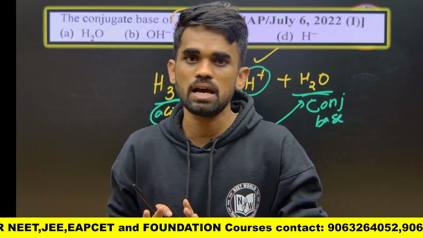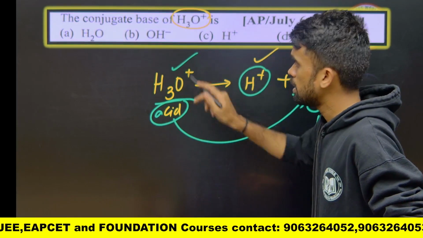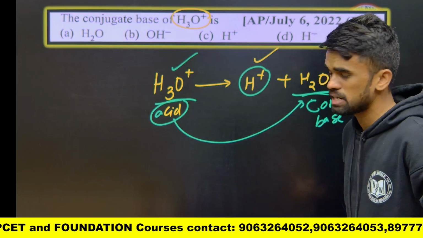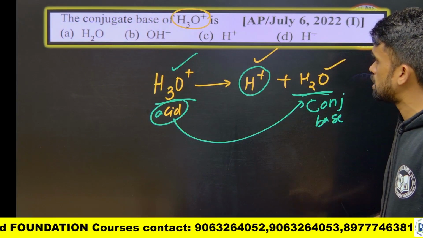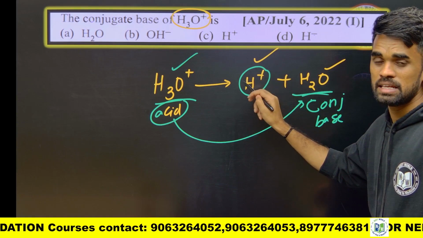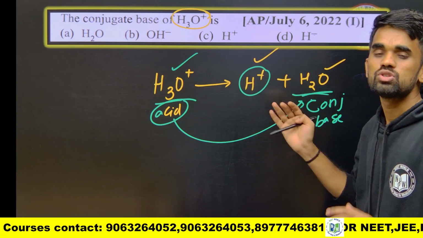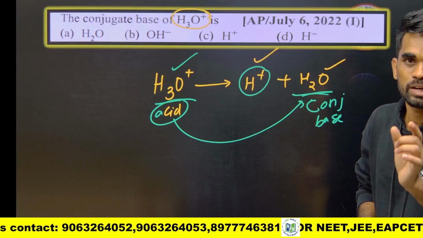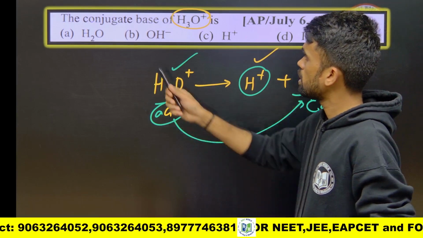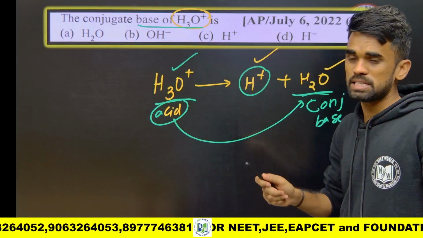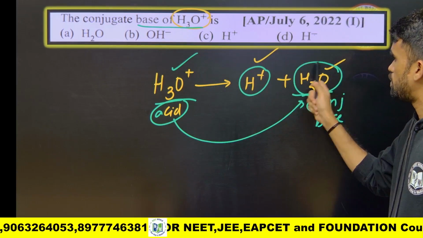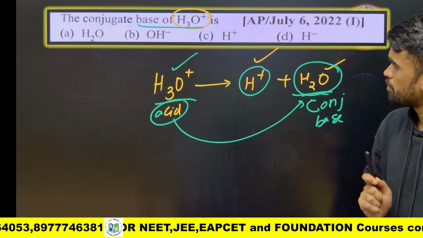One H plus ion only. See here, 3 hydrogens are there, but here only 2 are there. So one H plus ion is the difference from here to here, na? So that is what you need to understand, and you can make a statement of it. Okay, so what is the conjugate base of the H3O plus ion? So this will be the conjugate base. Hope it is clear now.